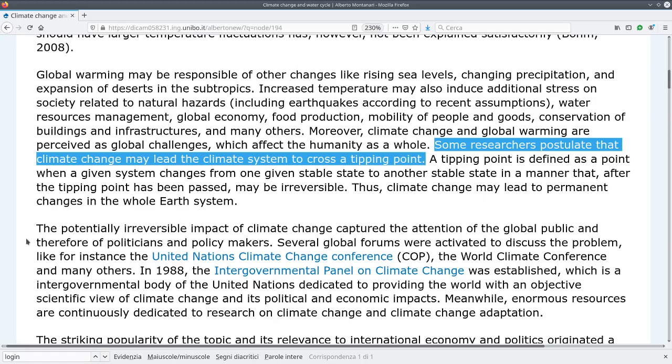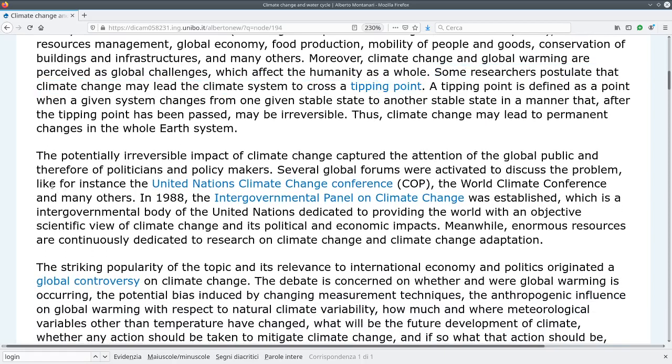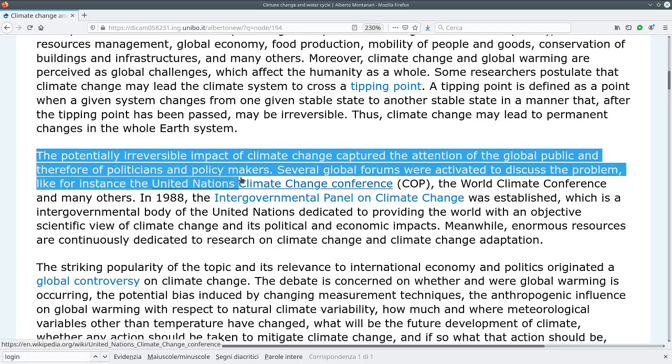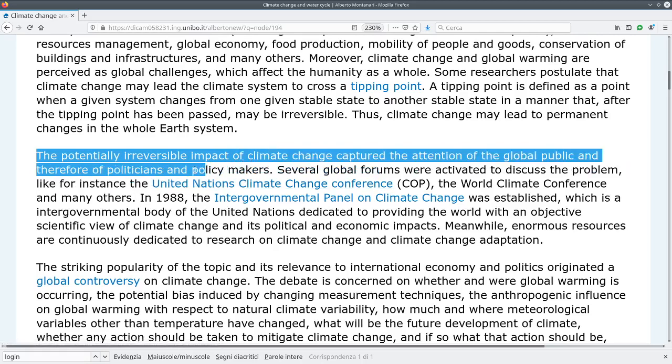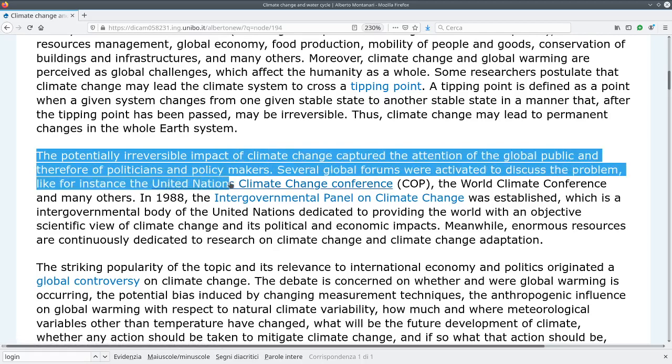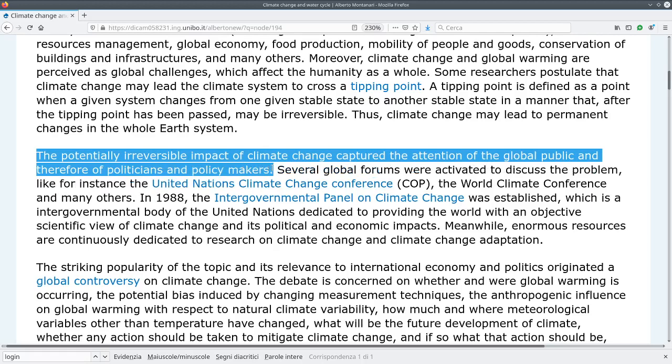It's particularly delicate because, as I am stating here, these potential irreversible impacts are capturing the attention of the global public and therefore of politicians and policymakers. And there were several global forums like COP that were activated to discuss the problem. And there are several of them.